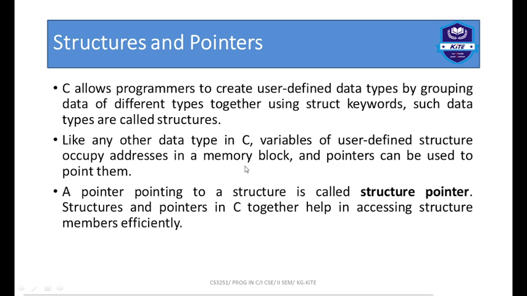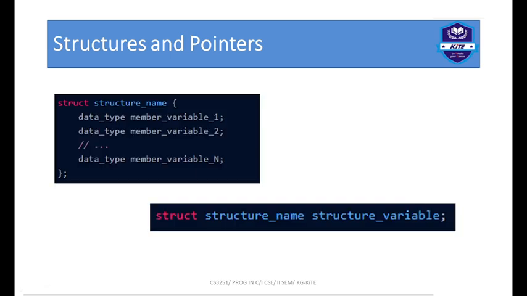We all know a pointer is a variable that stores the address of a variable. Here in C, that variable can even be a structure. If a pointer is pointing to a structure, then that pointer is said to be a structure pointer. In our program, we are going to use the structure pointer. That is why it is being explained.